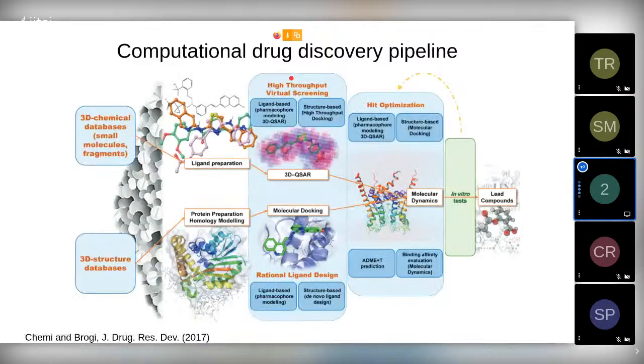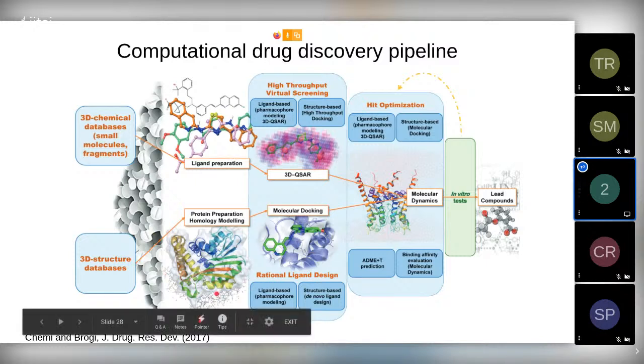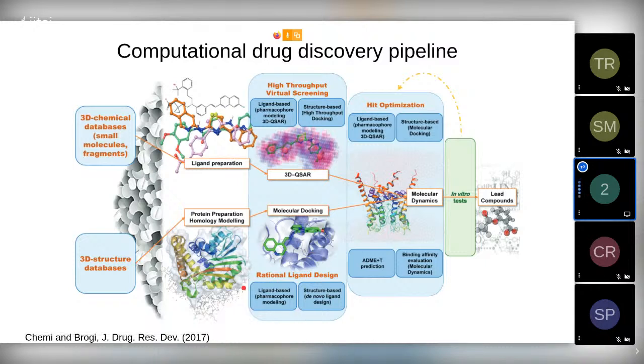So here is an enlarged picture of those first three steps I described in the last slide. At the beginning, we start with a large database of chemical structures or small molecule fragments which could possibly be used as a drug. And we also take another 3D structure database of biomolecules which can be used as the target, like the ones where the drug will bind.